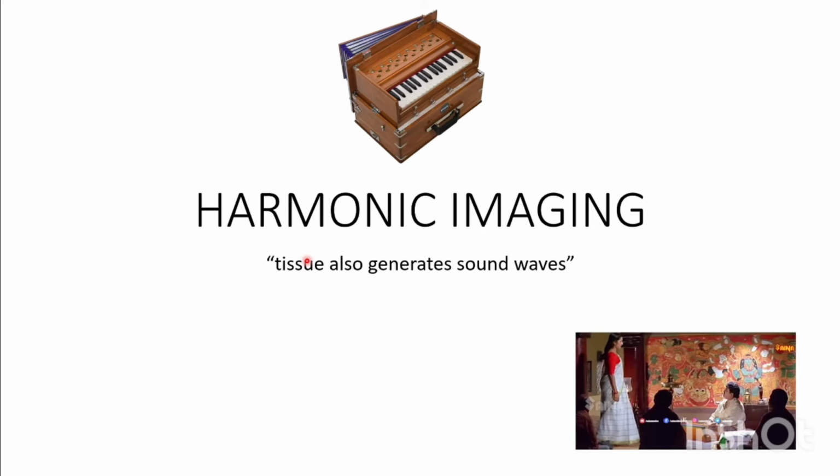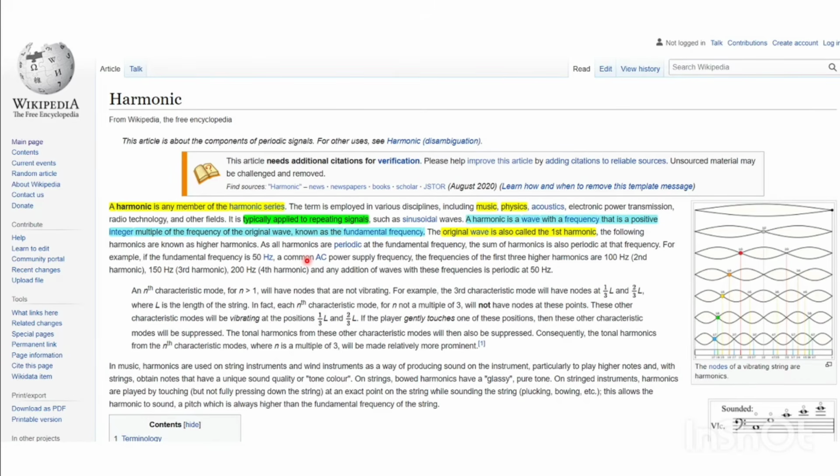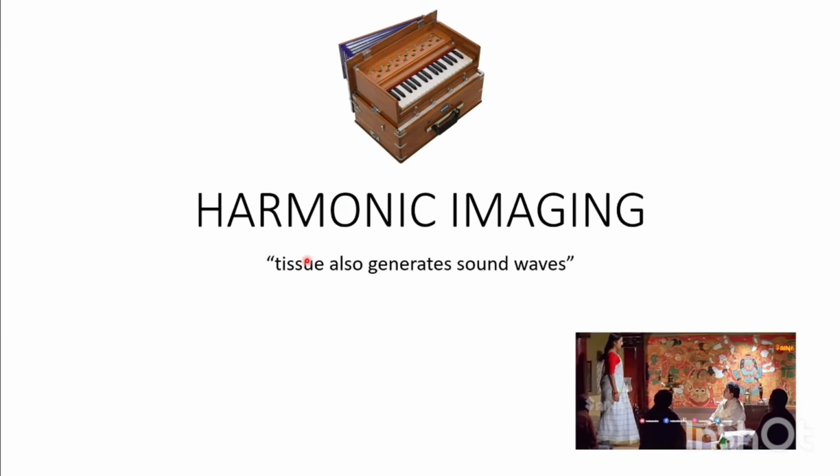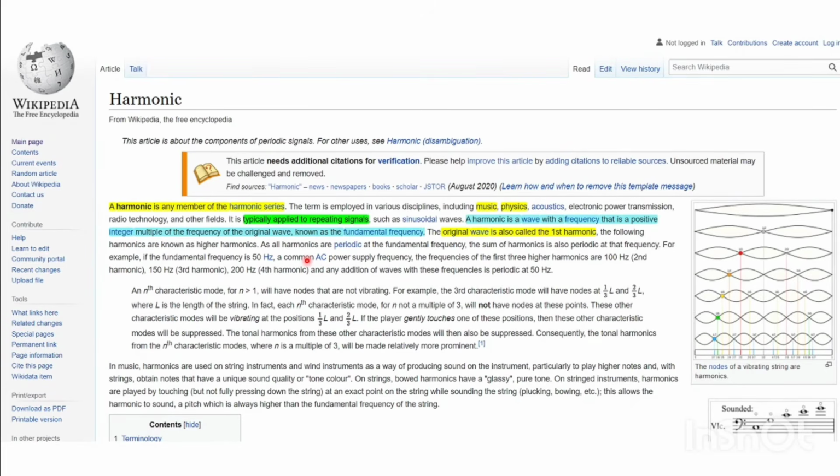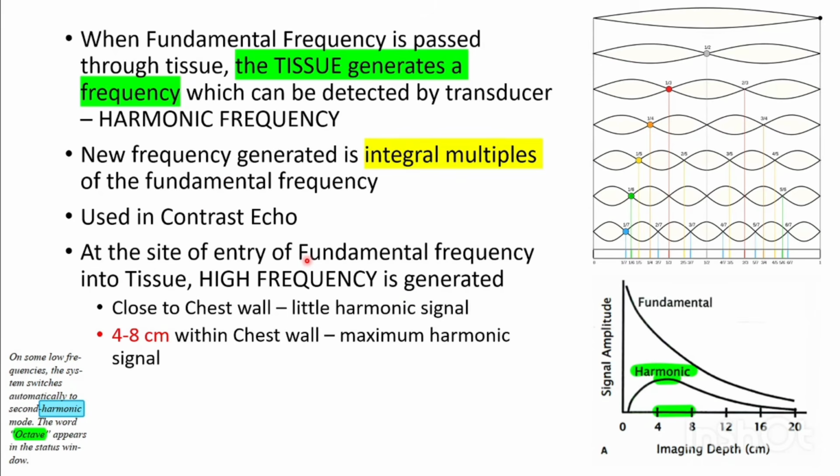The sound we sent in is called the fundamental frequency, and the tissue itself will generate a higher frequency and send it back. Based on this principle, we can get a more clear image. So the tissue also generates a sound wave, and based on that there is harmonic imaging.